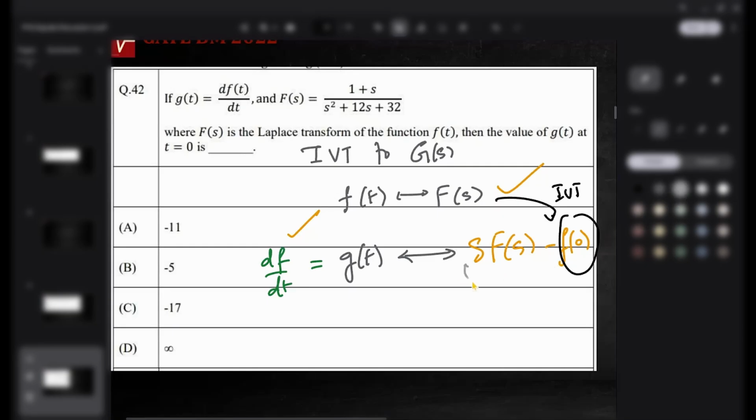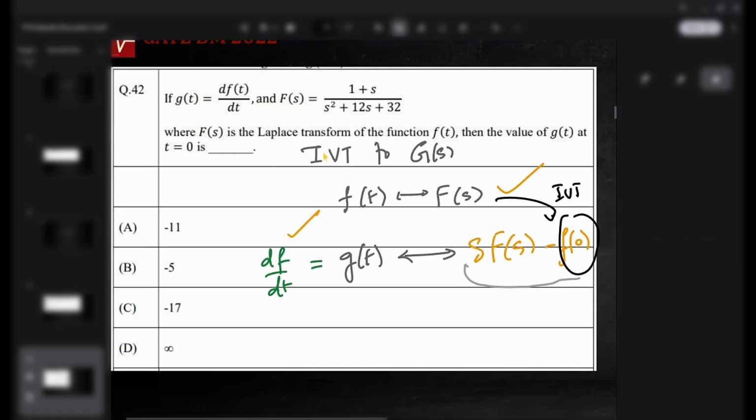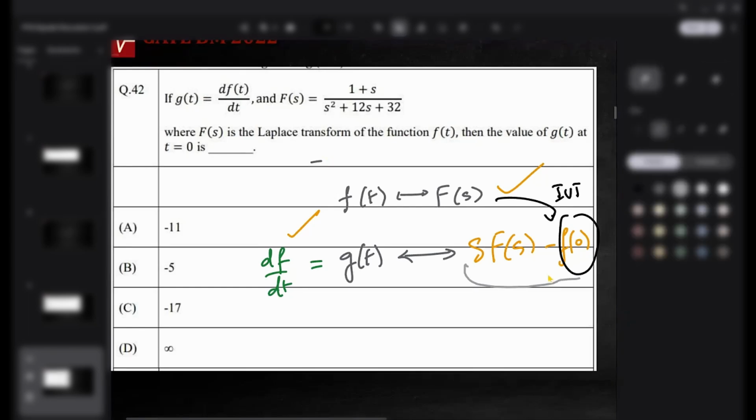The whole thing is the G of s for g of t. There you have to apply IVT. Okay. You have to apply IVT twice here. This is your G of s. Apply IVT here.